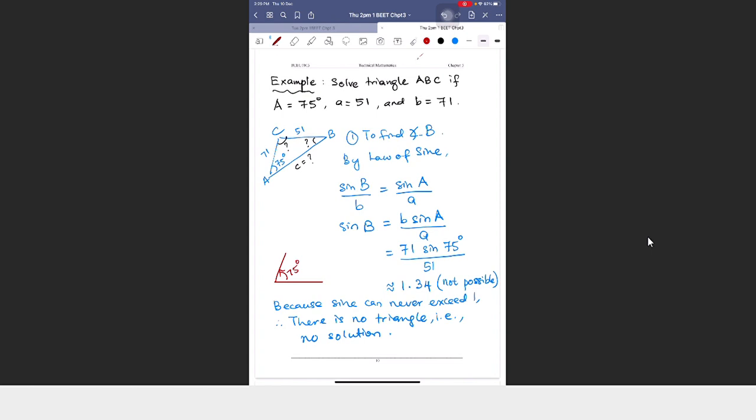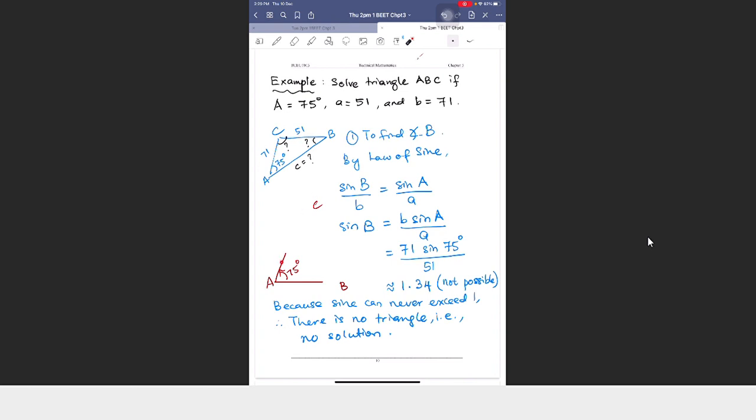Assuming you start with A here, you measure 75 degrees for A. Assuming this is your B here, it will be C here like that. So you take a ruler and measure from here to here.